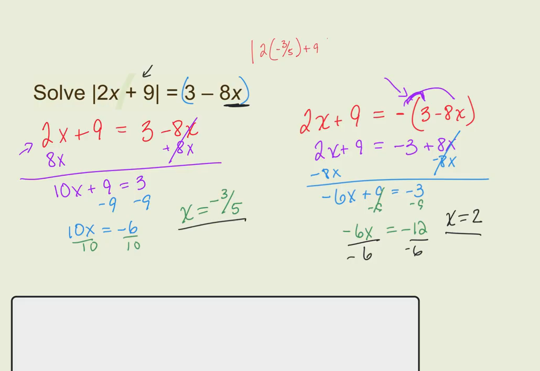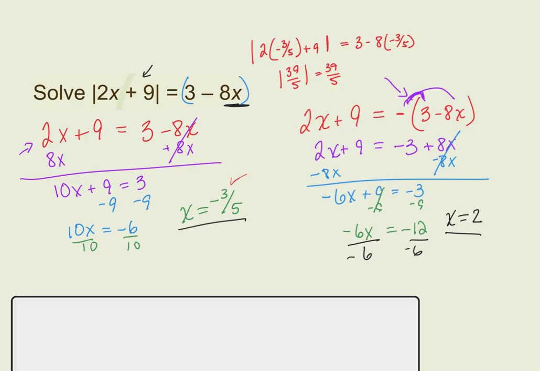That is inside the absolute value. That equals 3 minus 8 times negative 3/5. You are going to have to do some fraction work here. But what you're going to find is that you get the absolute value of 39/5 equals 39/5. Well, that is true.